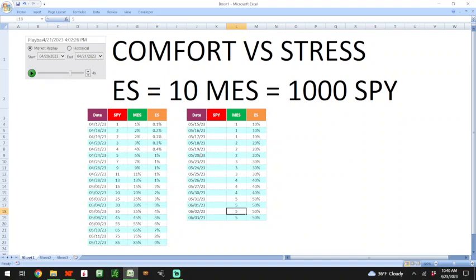I think you definitely need to do your research before you go live. And when you do go live, this is my thought on it: you need to really play with this comfort versus stress dynamic.